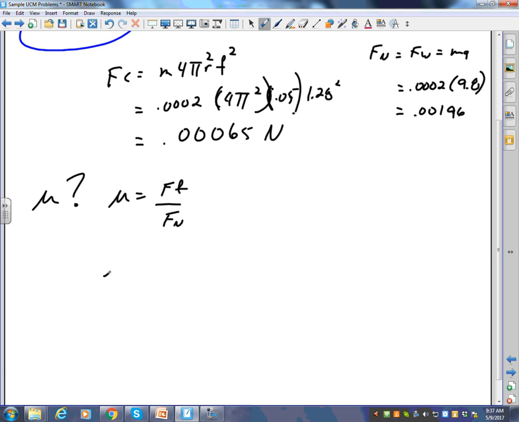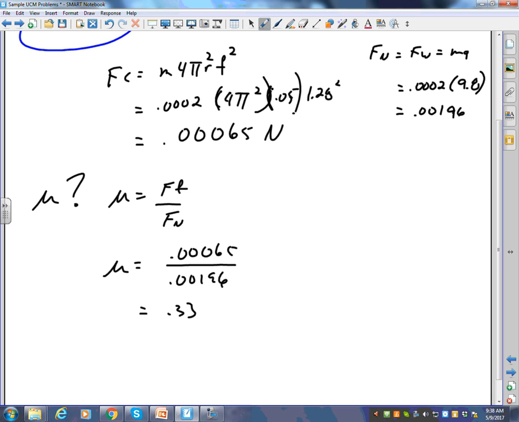So the minimum mu value is going to be my Ff, 0.00065, divided by my Fn, 0.00196, and I get 0.33.